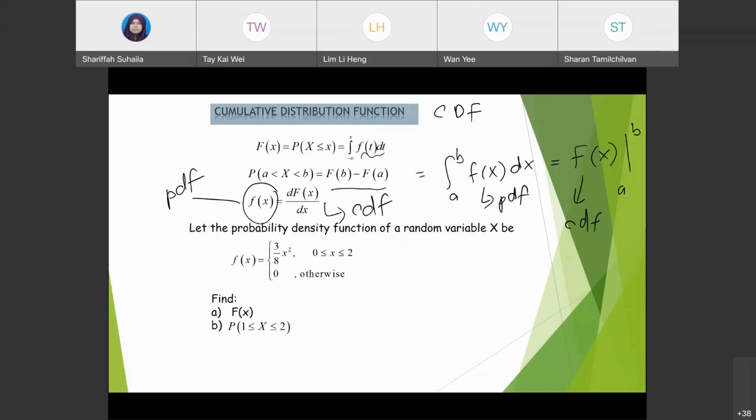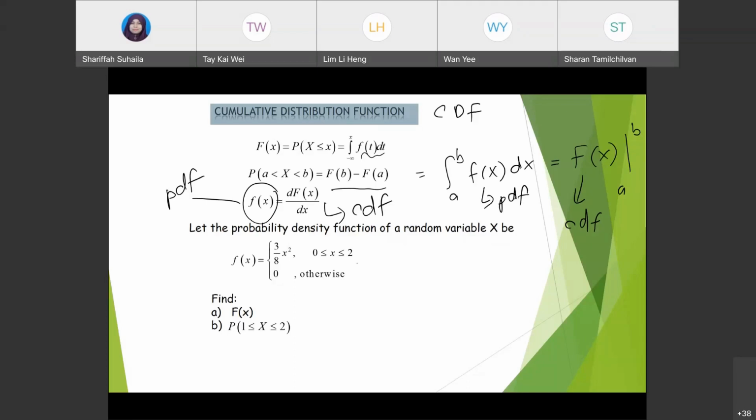Let's say we have f(x) = 3/8 x squared, for x from 0 up to 2, and you want to find your capital Fx, which is your CDF in this case. When we want to construct capital F, we need to check the range, which is now 0 to 2.